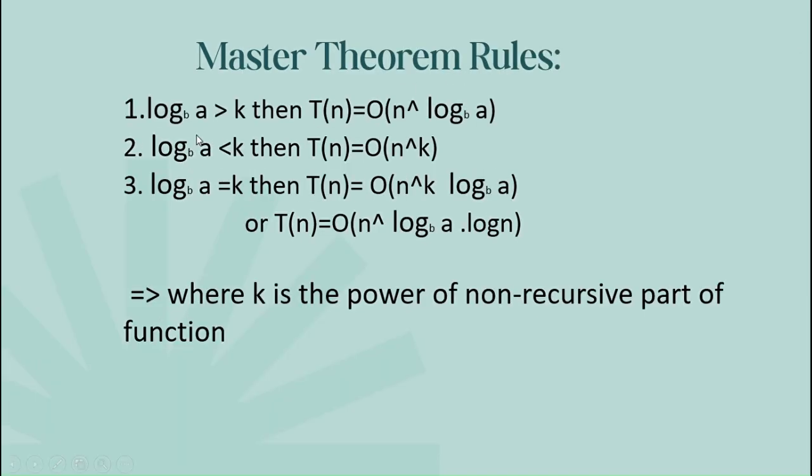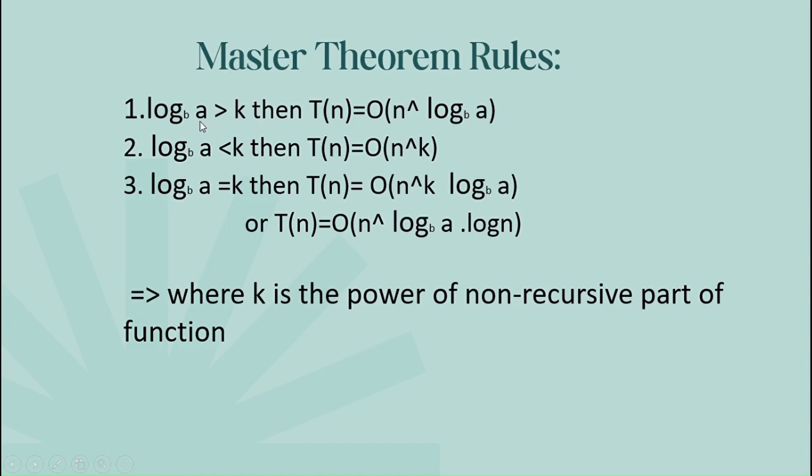Here are some rules for the master theorem that help us find the time complexity of problems. The first one: what if log base b of a is greater than k, where k is the power of the non-recursive part.